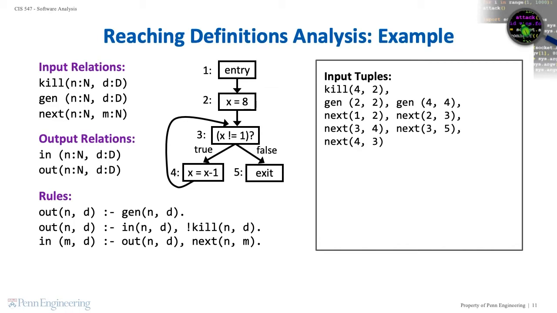Let's look at the contents of each of these relations in turn for this control flow graph, starting with the gen relation. There are only two tuples in the gen relation for this control flow graph, (2, 2) and (4, 4), as no other program points establish any variable definitions.